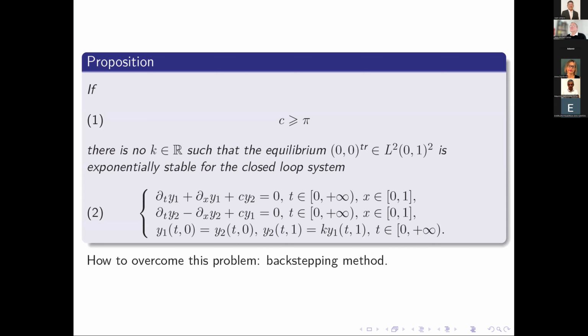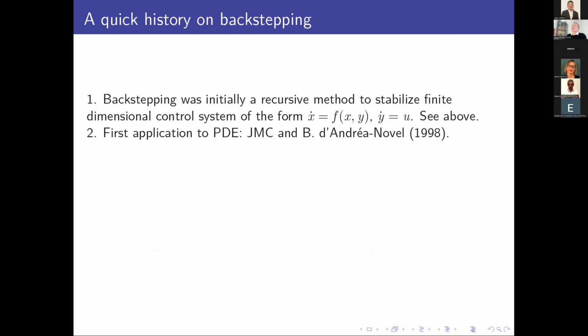And what you are going to do is what is called backstepping. So the backstepping in finite dimension, this is related to the problem of stabilization of this system. x dot is equal to f of x and y, y dot is equal to u, and you want to stabilize the system.